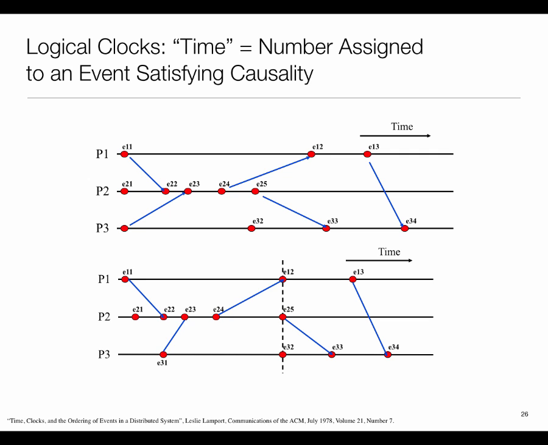But there is nothing I can say about whether E25 is before, after, or at the same time as E12. Likewise, if there was an event called E32 here, I do know E32 is before E33, but I cannot say anything about E32's relationship with E12 and E25. So I cannot resolve all the ambiguities, but I can certainly establish some partial order among these events, and that's the idea.